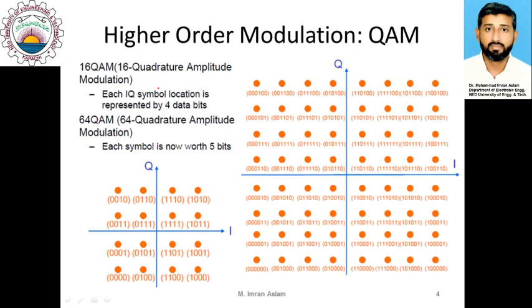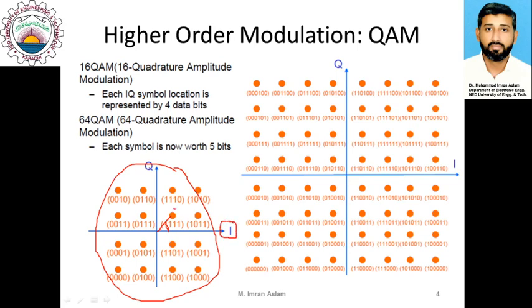Say for example, we have a 16 QAM signal here. This diagram represents the 16 QAM signal. If you see any symbol which is represented by a dot here, the distance from the origin represents the amplitude, and the angle from the I-axis represents the phase.